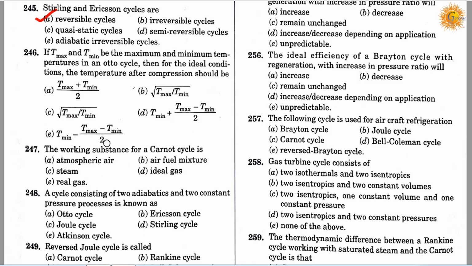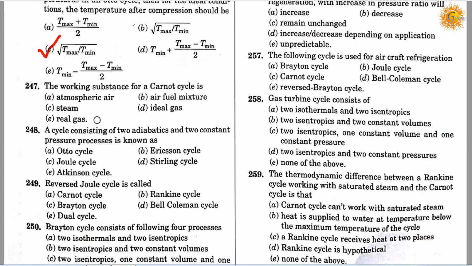So the correct answer is C, square root of T max times T min.